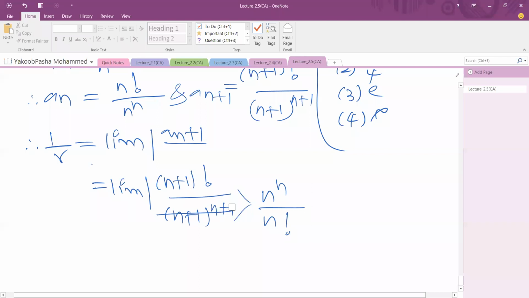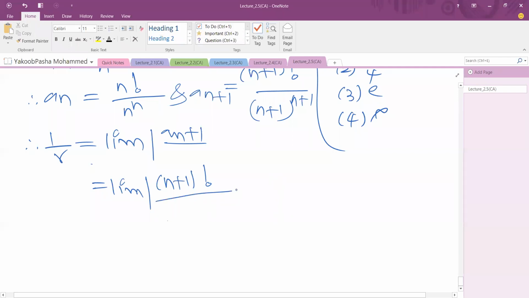Taking the reciprocal, n power n by n factorial.